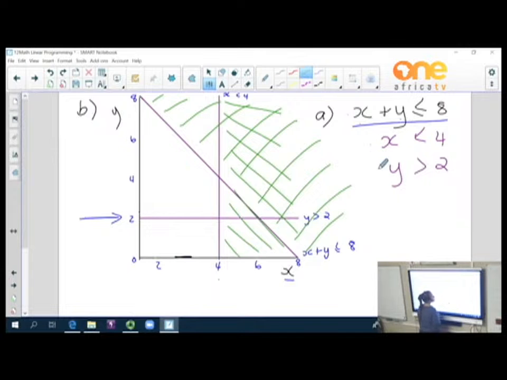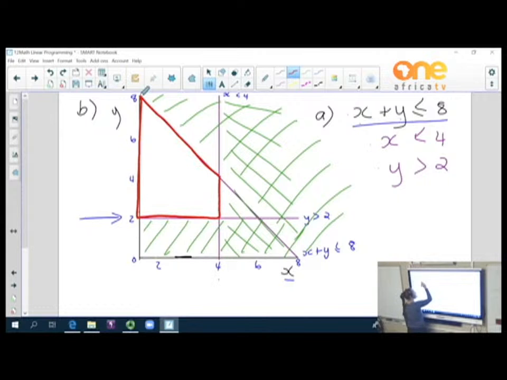And then y is more than 2, so it will not be less than 2. So that's your unwanted region, and you are left with your wanted region. I'm just showing you which part. There is your wanted region.